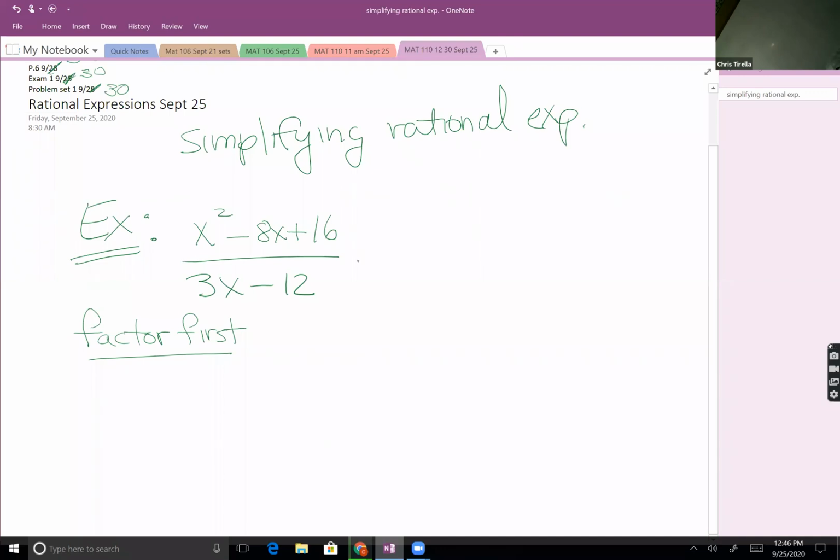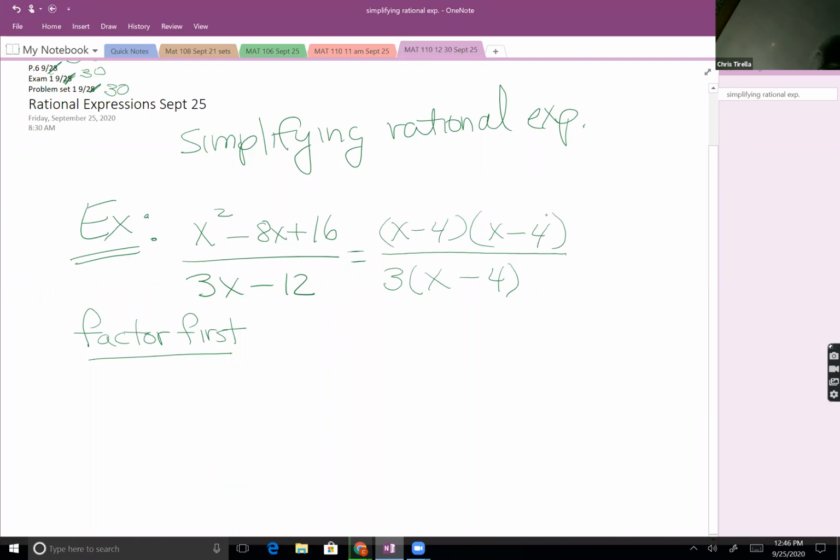What we have to factor is each numerator and each denominator. I usually go for the one that looks easiest to factor first. That denominator is 3 times x minus 4. And then I try to see, can x minus 4 be a factor of that numerator? It turns out that's x minus 4 times x minus 4.